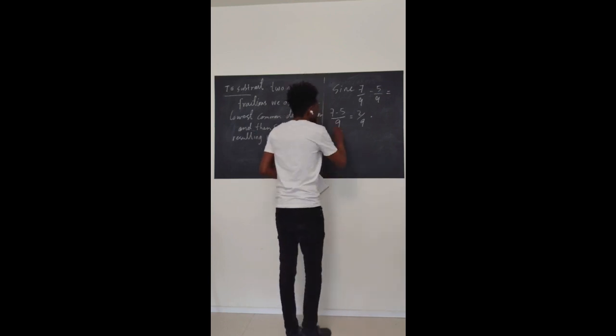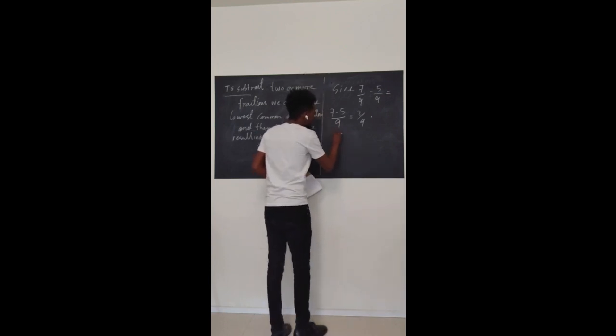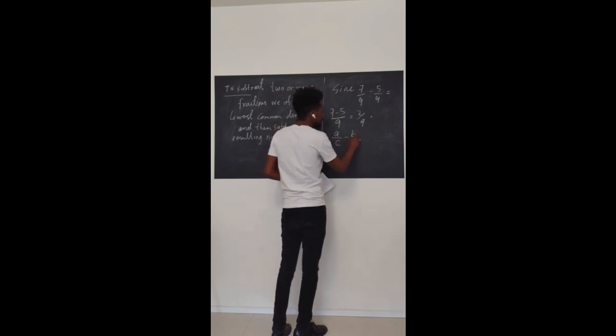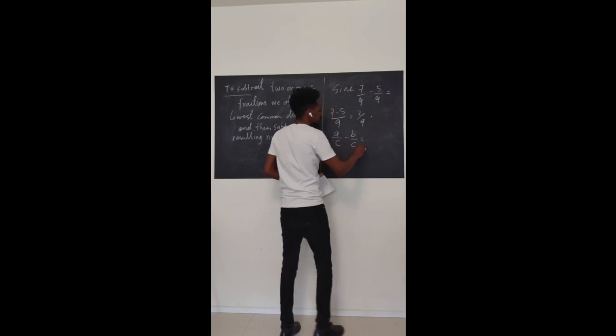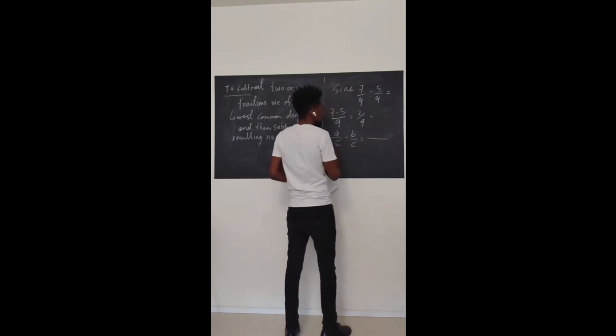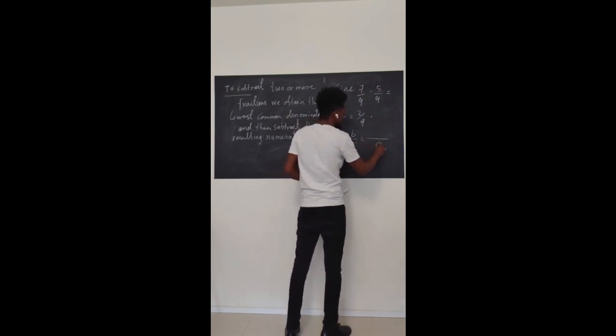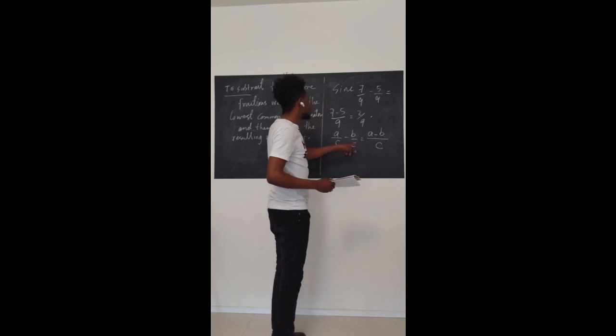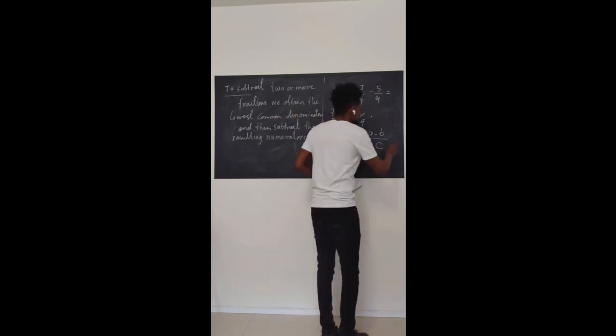So generally we say A over C minus B over C, the denominator is C, and then we have here A minus B, because the denominator is common between the two of them.